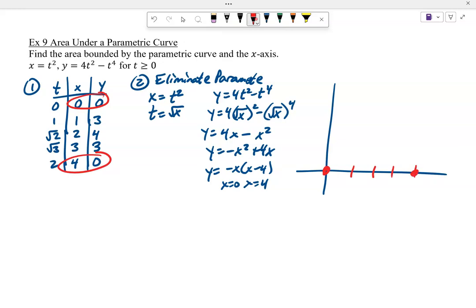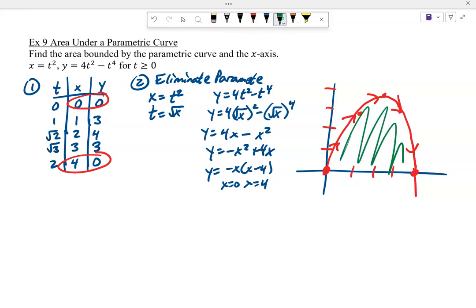And we've also got 1, 3, we've got 2, 4, we've got 3, 3, and so on. And this is our parametric curve. And of course it keeps going as well. But we're just finding the area under the curve and the x-axis, right? So we're just trying to find this area right there.